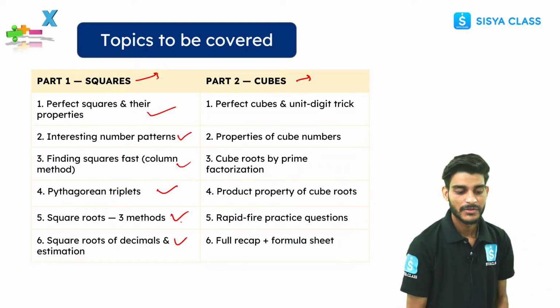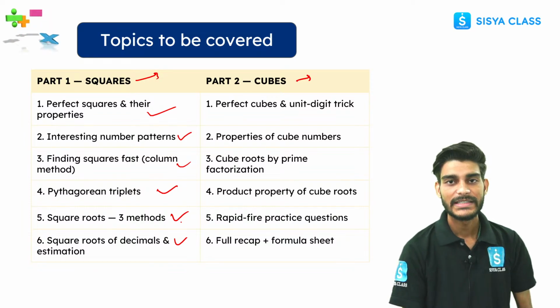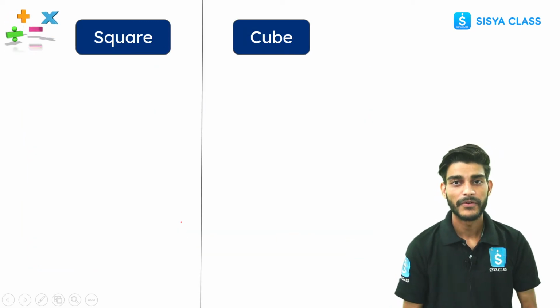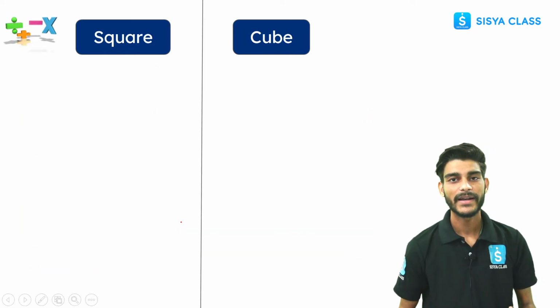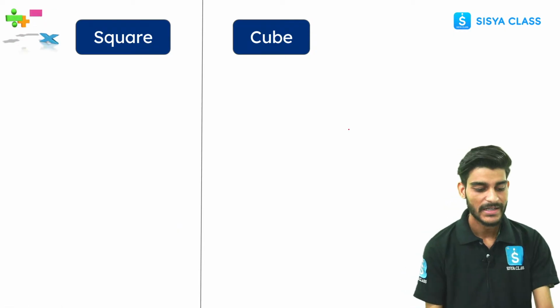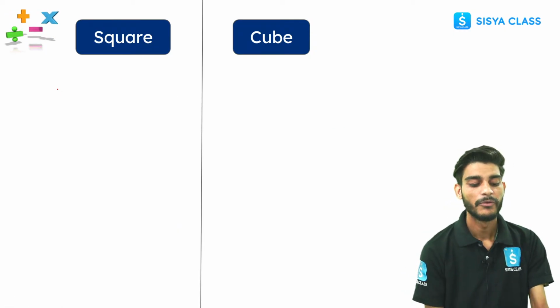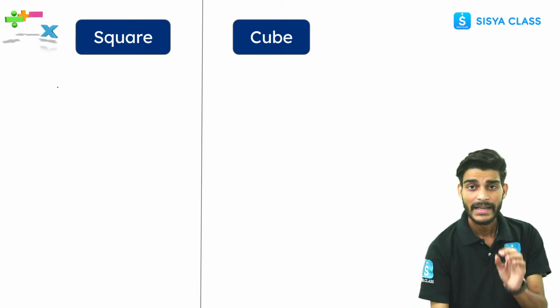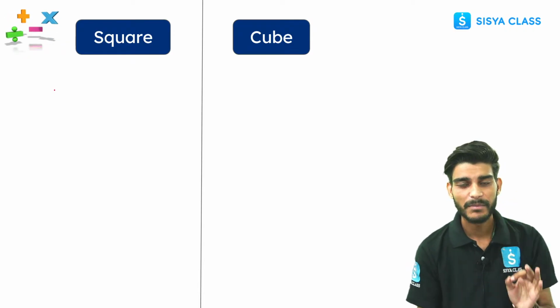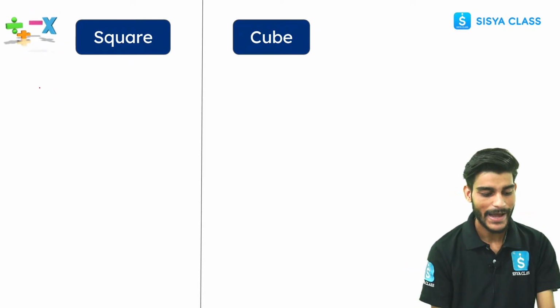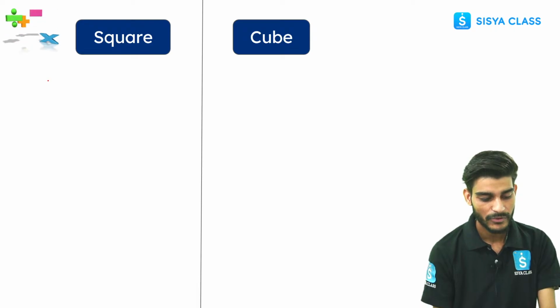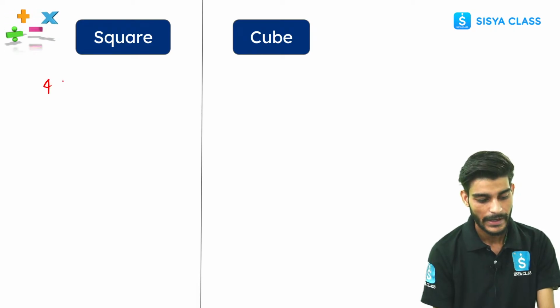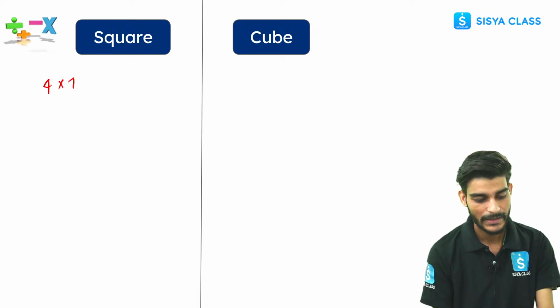Okay. So now let's start with squares and cubes. First question, what is a square and what is a cube? A square means simply when you multiply the same number 2 times. If you multiply the same number 2 times, you will get a square number. Let us suppose we have a number 4 and I multiplied it 2 times.